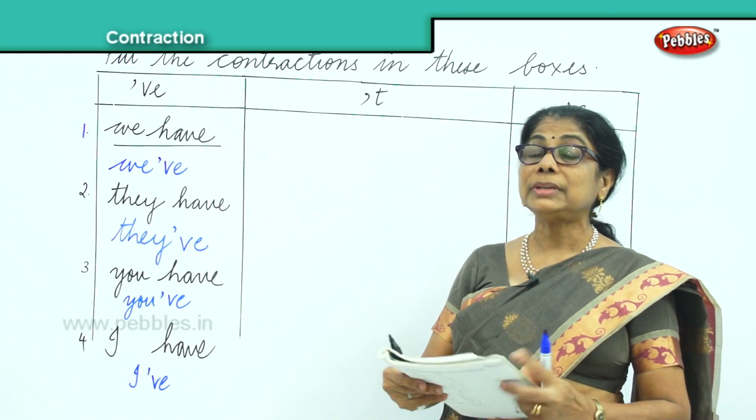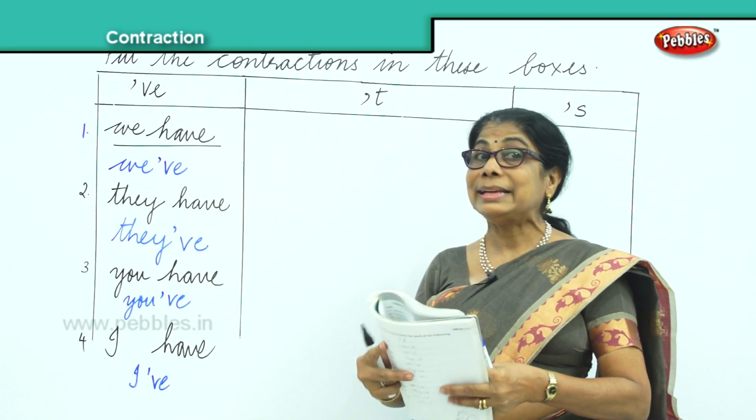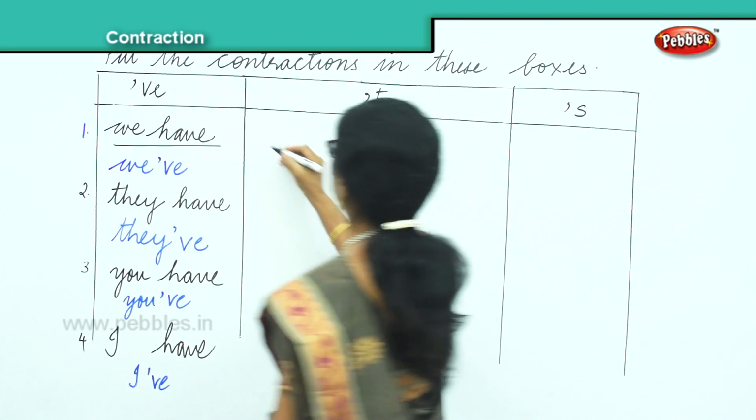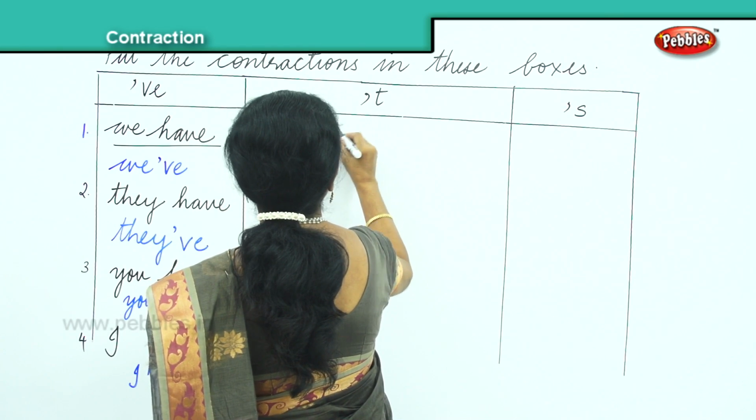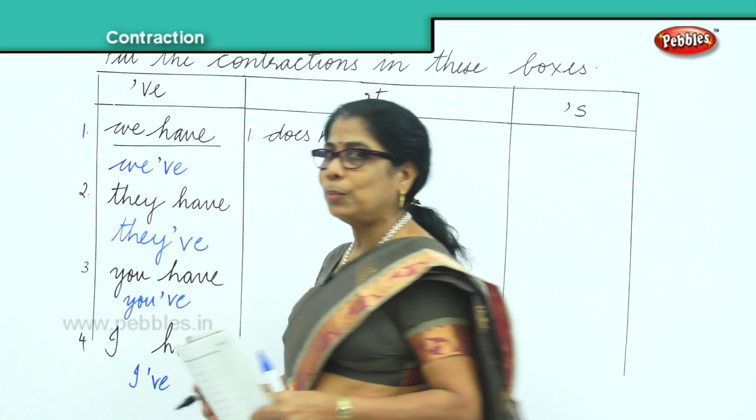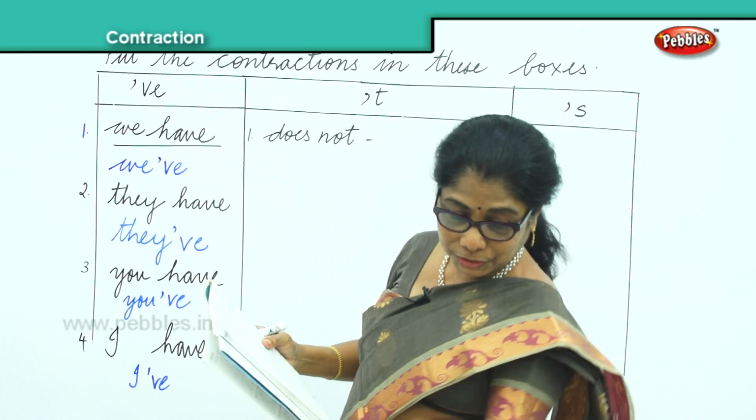Okay. Now we'll do some more and here you have it. Now we'll write the word does not. The first one we do is does not. How will you write that? I'll write down some words and you do the contraction, okay?